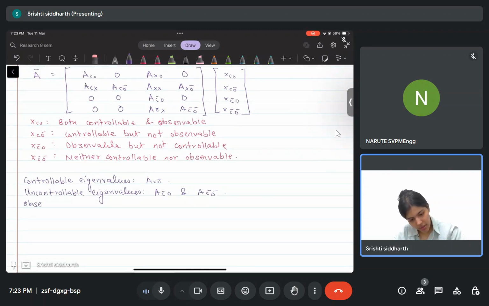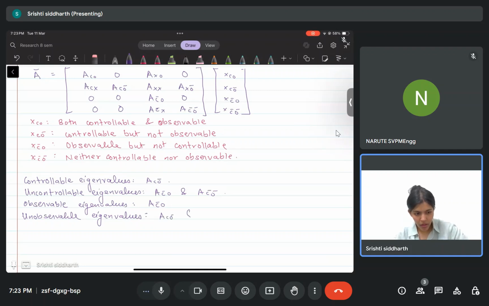Observable eigenvalues, which will be determined by AC bar and AC bar O bar.